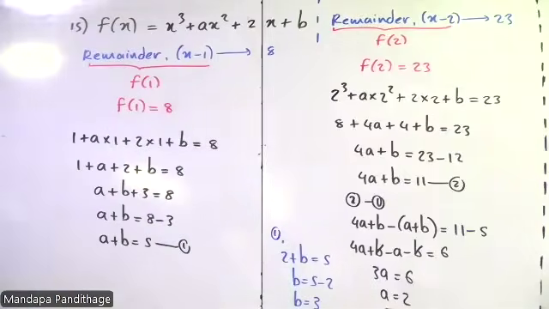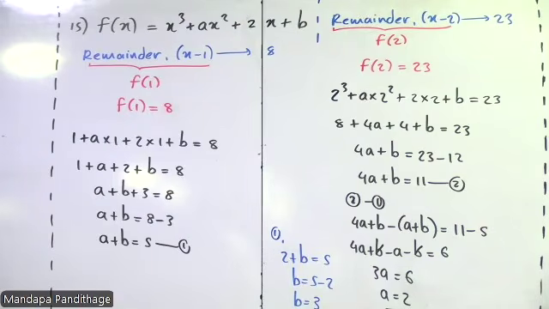Then question number 16. A similar one, but a bit different in the way they have asked the question. Given the polynomial x cube plus k x squared plus 12x plus 1, if the sum of the remainders when divided by x minus 2 and x minus 1 is 50, find k.